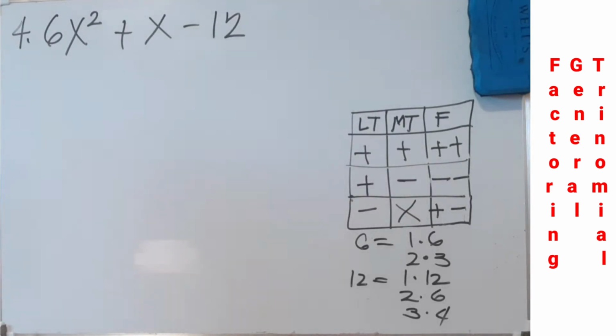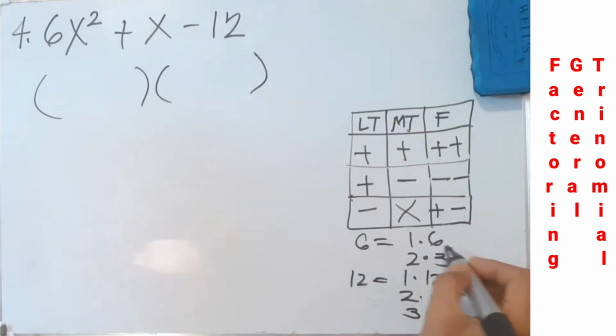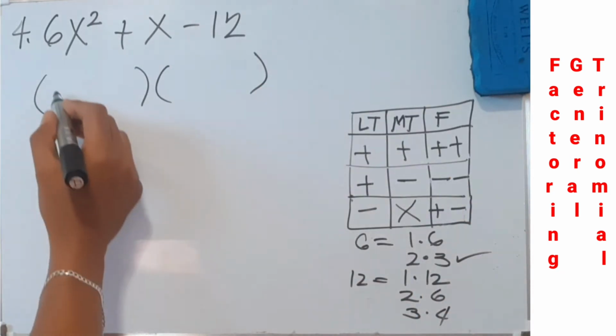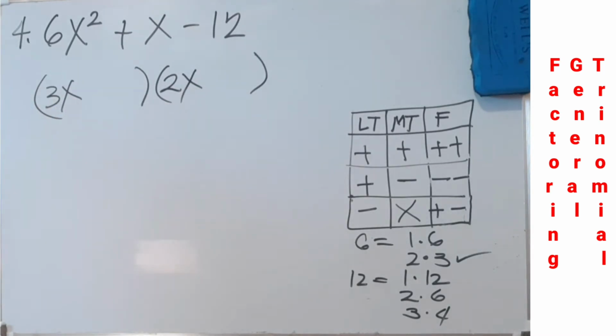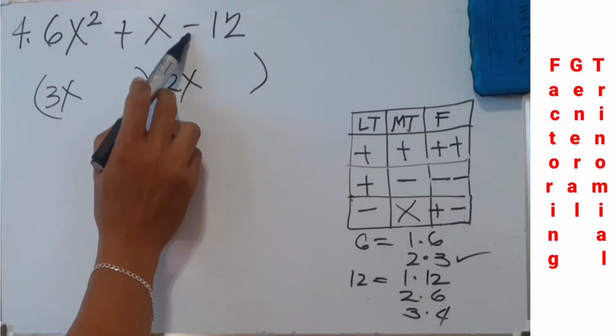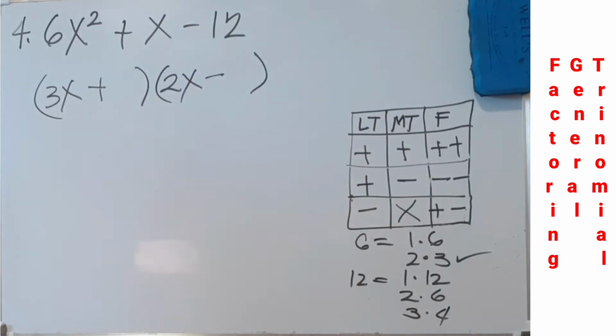Let us first try the lowest. So we have 3x times 2x. Since this is negative, the sign to be used is positive and negative or negative and positive.